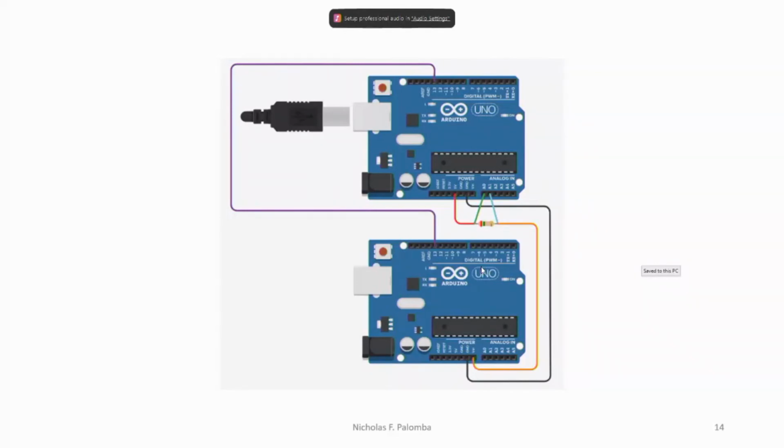And since the value of the resistor is known, the Arduino can calculate the power consumed at each sample using the basic formula power equals voltage times current, and use its internal clock to measure the time elapsed to determine the energy consumed. The bottom Arduino is obviously the device that will perform both the DFT and the FFT on the stored signal.